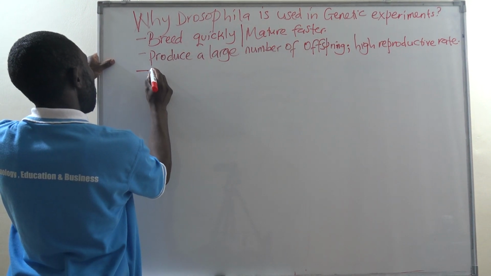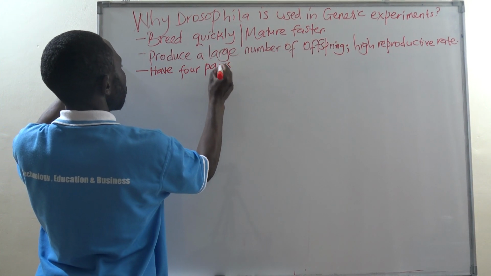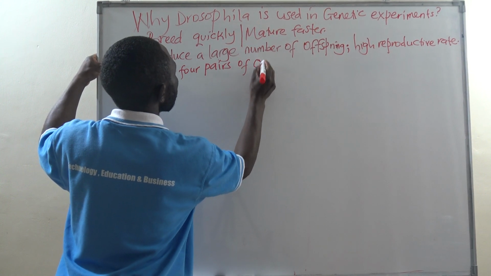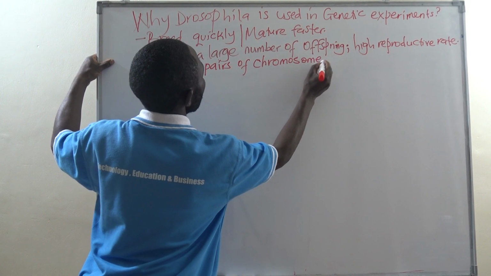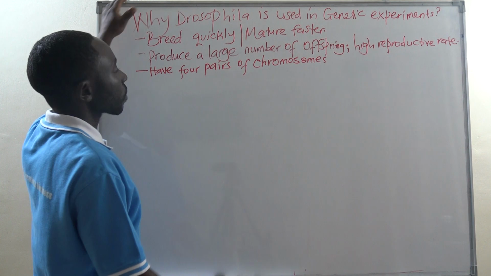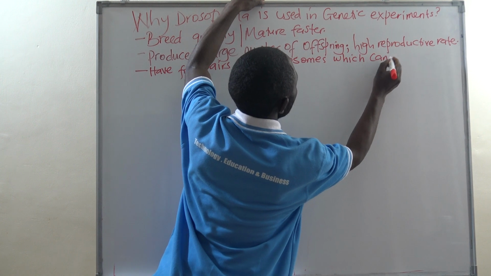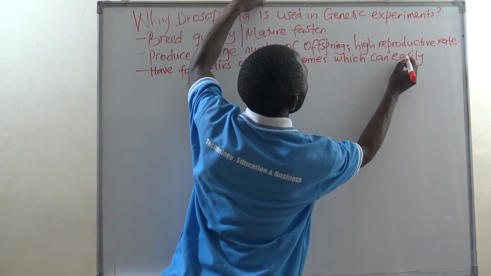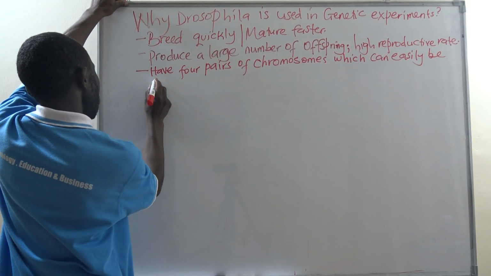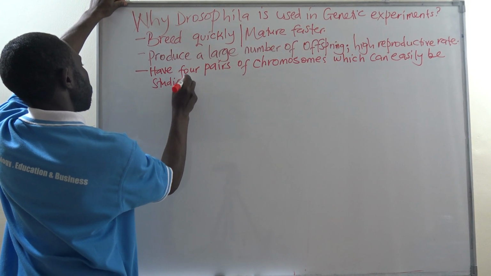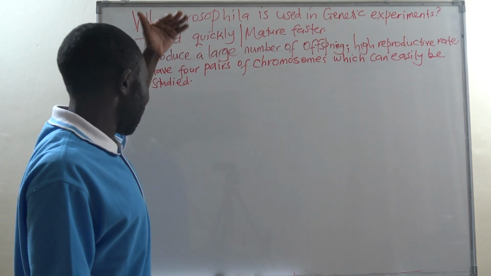They have 4 pairs of chromosomes which can easily be studied.